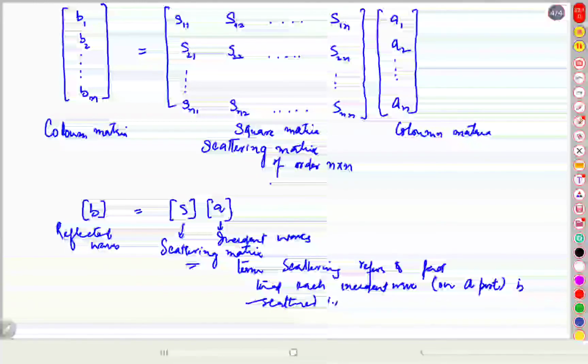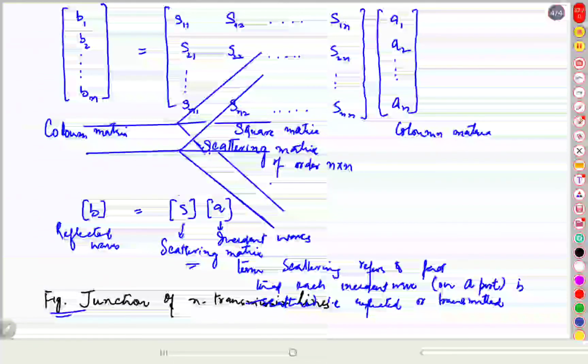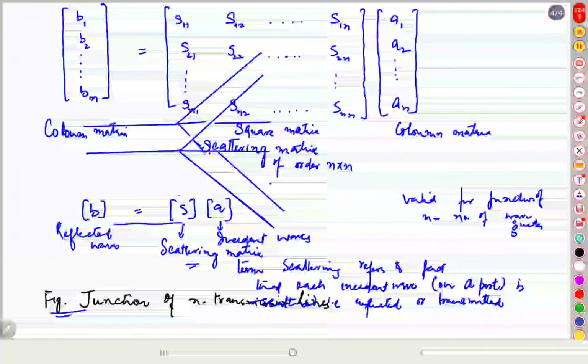That is, it is reflected or transmitted. Well, we have obtained the relationship for a junction of n transmission lines. Basically, it also holds valid for a junction of n number of waveguides. So this relationship B is S times A is also valid for a junction of waveguides.